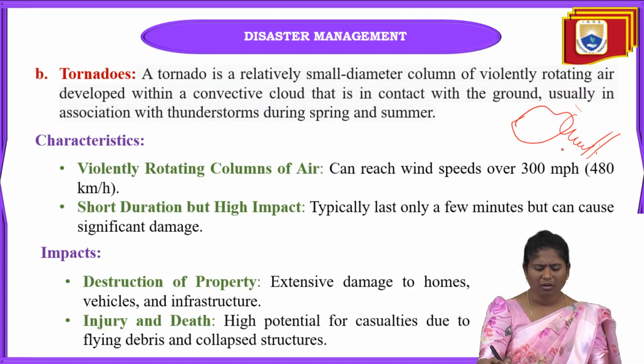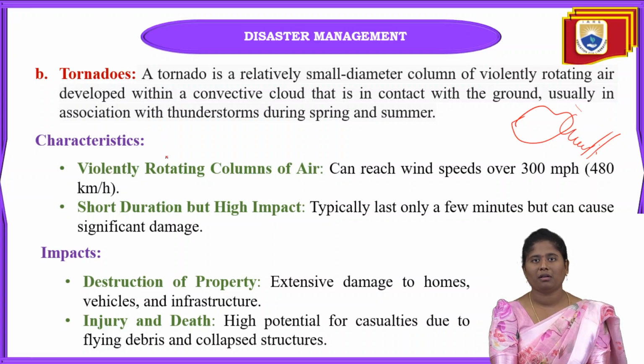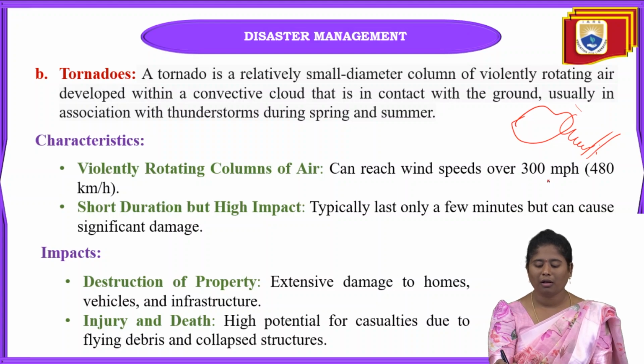And we can see these tornadoes in the spring season or in the summer season also. And what are the main characteristics of tornadoes? Violently rotating columns of air, meaning strong winds are going to happen, and these strong winds can exceed 300 miles per hour or 480 kilometers per hour.